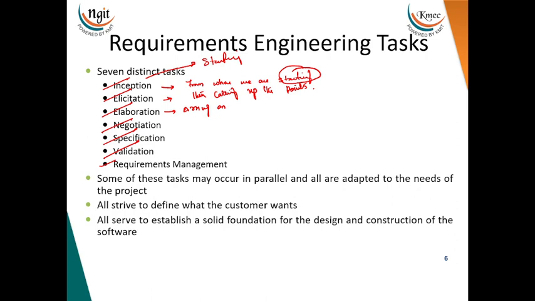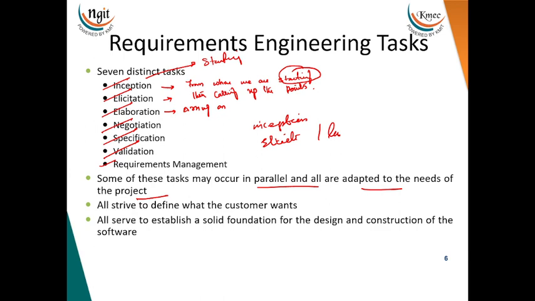Some of these tasks may occur in parallel, and all are adapted to the needs of the project. At one point inception is done, then elicitation, and elicitation and elaboration can also be worked in parallel. Elaboration and negotiation can also be worked in parallel, and specification can also work with negotiation.